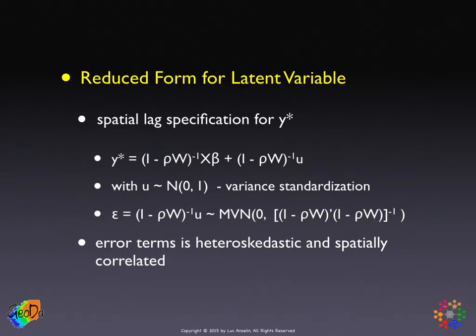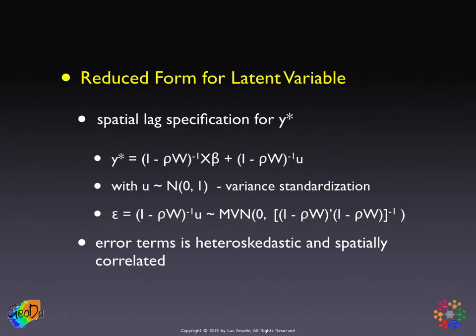A third characteristic is that the spatial autoregressive parameter, rho, is a part of the regression model, the (I minus rho W) inverse x beta, but also part of the distribution for the error term. So the error term becomes multivariate normal, if we assume a variance of 1, which we do for identification purposes.